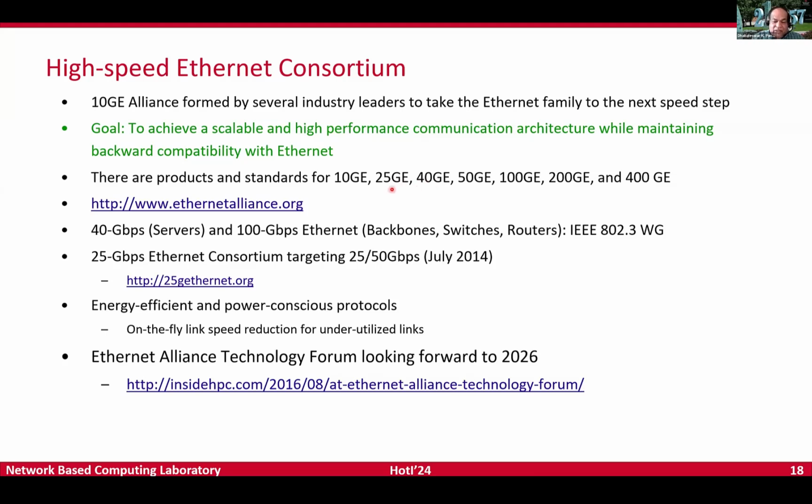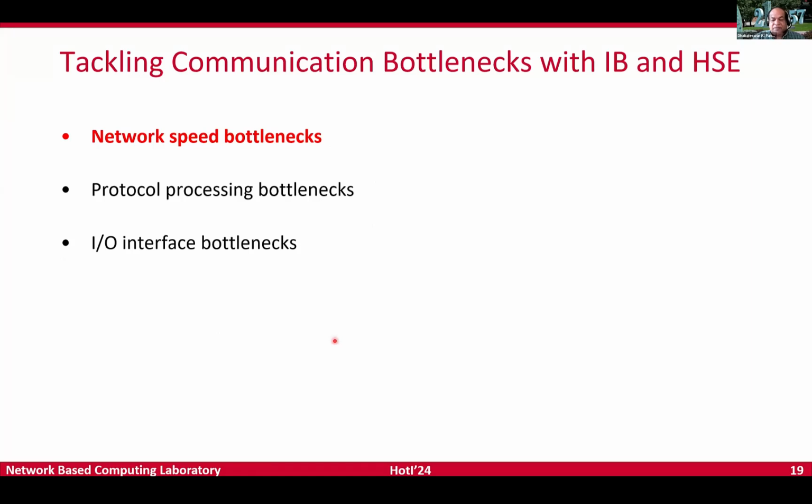This is where over the years you now have a very different range of Ethernet products with different cost and performance: 25 gigi, 50 gigi, 100, and of course it is going to 200, 400. The 40 gigabits was introduced with an IEEE standard, then 25 gigi was introduced. And of course, new concepts like energy efficiency and power consciousness have also been introduced in Ethernet.